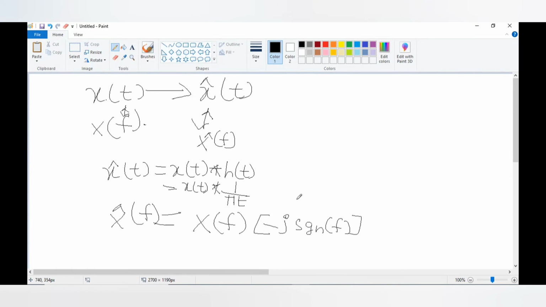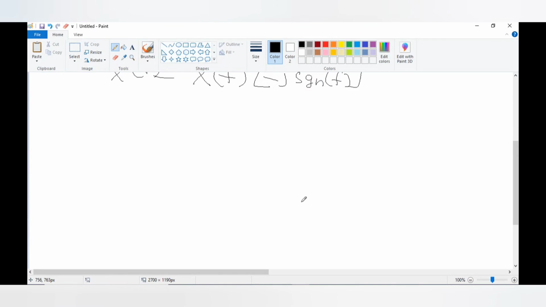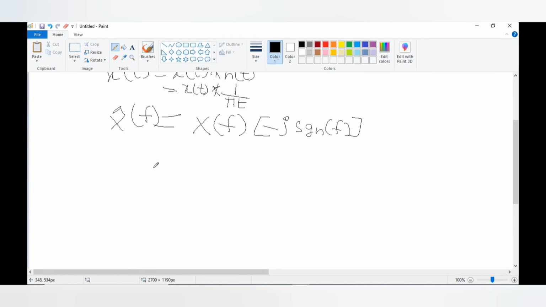So we can write this as minus j into x of f into signum of f. But we already know what signum of f is.